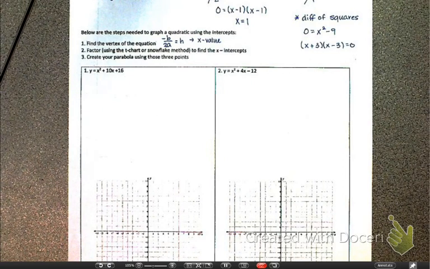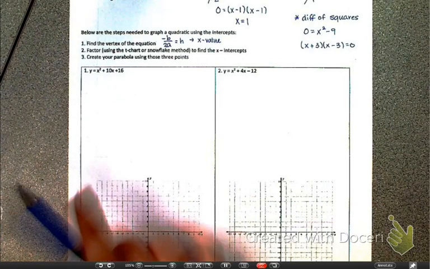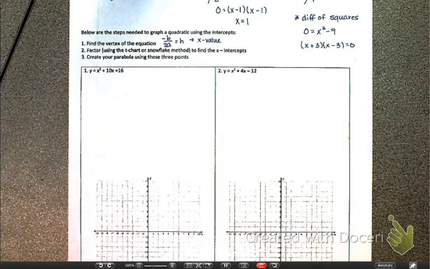Now, instead of using a table of values, in this case for today, we're going to factor and use intercepts only to graph. So you still have to find your vertex because you have to know how high or low your parabola goes. And then we're going to factor and find our x-intercepts and use just those 3 points to graph. You won't have to use a table of values. Okay?